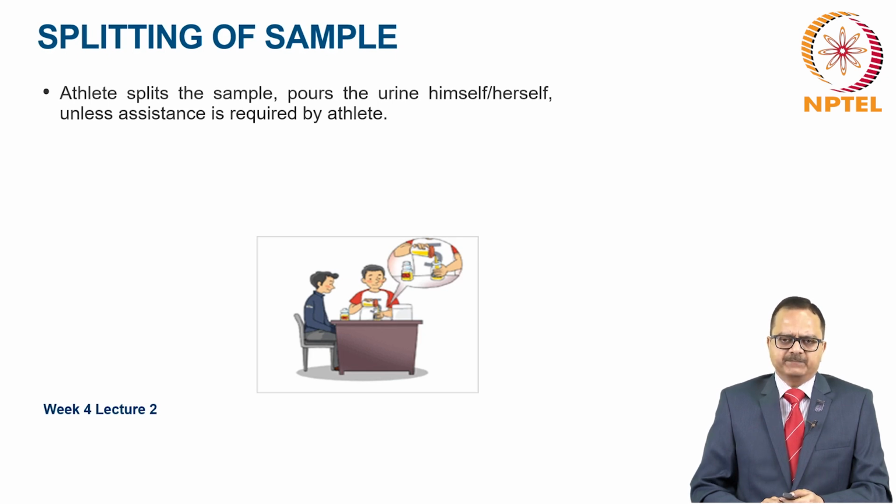The sample which is present in the sample collection vessel, the athlete is asked to save around 1 or 2 ml in the sample collection vessel after pouring 30 and 60 ml in the A and B bottles.